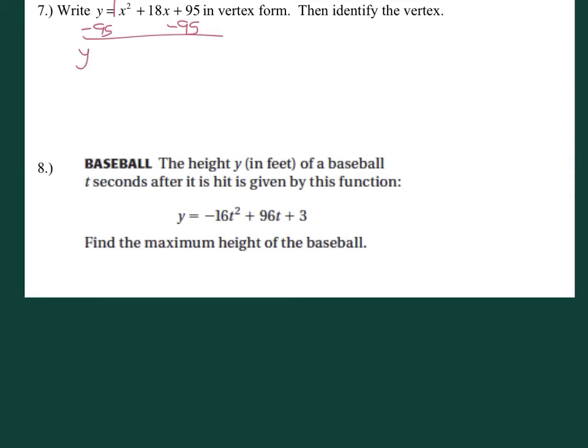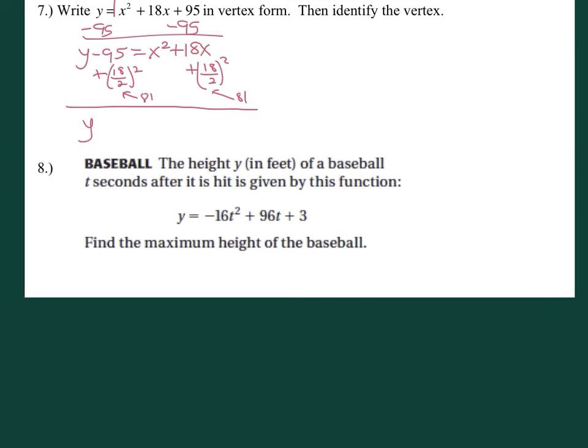So we'll have y minus 95 equals x squared plus 18x. Now I'm going to take half of my coefficient of x and square it and add it to both sides. Well, half of 18 is 9, squared is 81, so I'm really adding 81 to both sides.